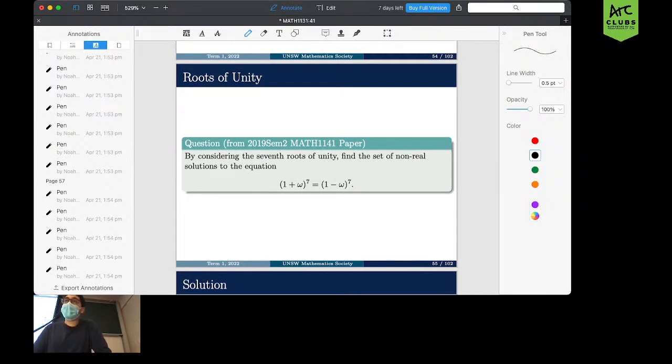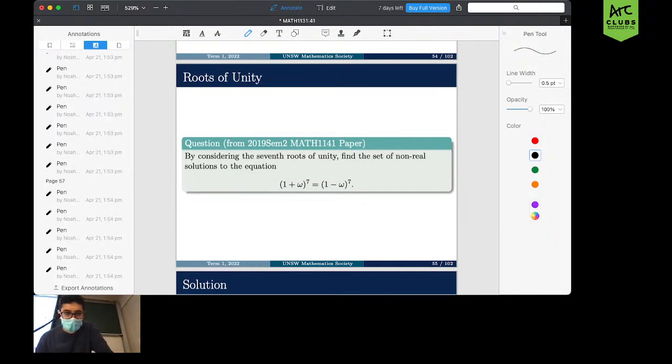By considering the 7th roots of unity, find the set of non-real solutions to the equation (1 + ω)^7 = (1 − ω)^7. It says by considering the 7th roots of unity, and what do we know about roots of unity?